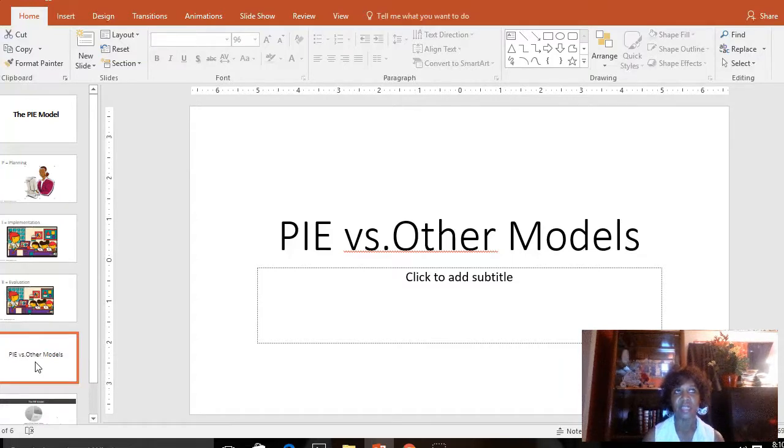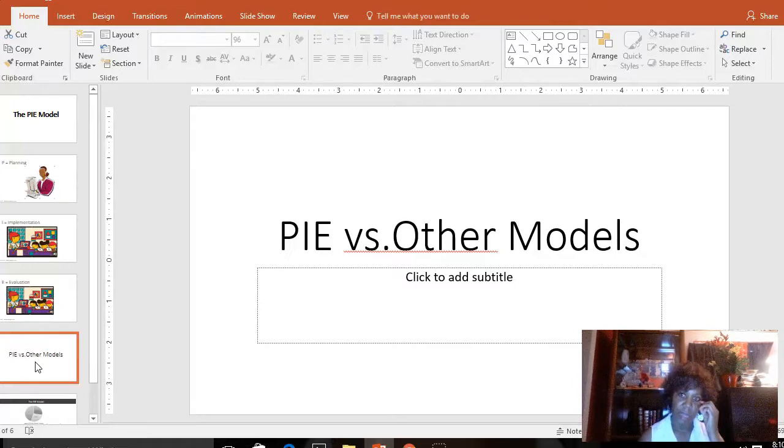And with that lengthy process, you don't know whether or not it's reliable enough. Even though it's a popular model, it still is lengthier, more cumbersome, a little bit tedious, more so than the PI model. So those are the two compared to the PI model: the Gerlach and Ely model, and then the Assure model.